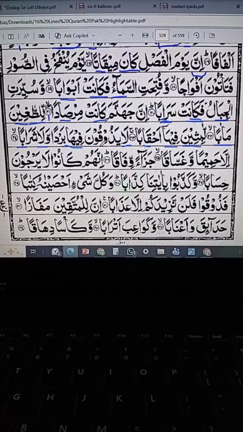Then the definition of waw madda: when there is a pesh before waw sakina. This is waw sakin, and whenever waw has jazm or sukoon, it is called waw sakin. The definition of waw madda is when there is a pesh before waw sakina, it becomes waw madda.